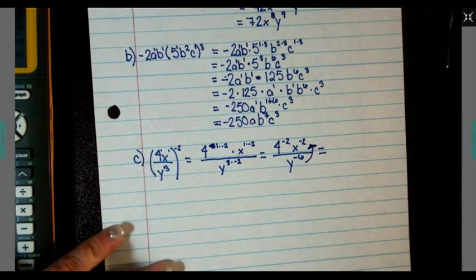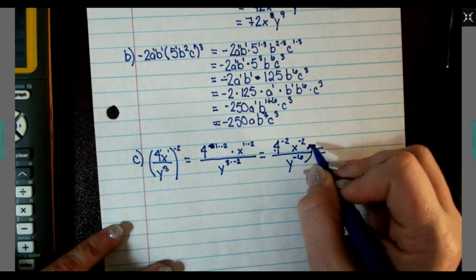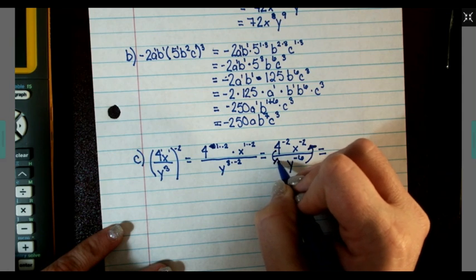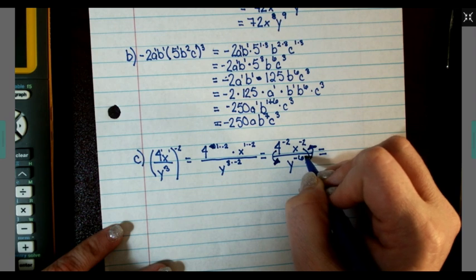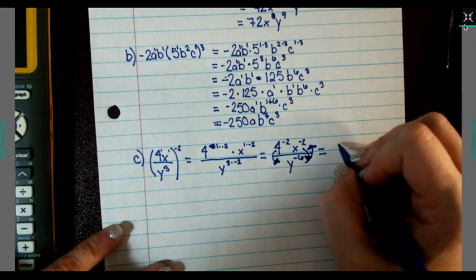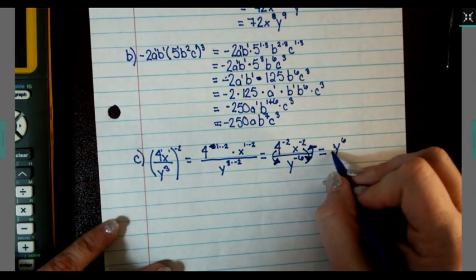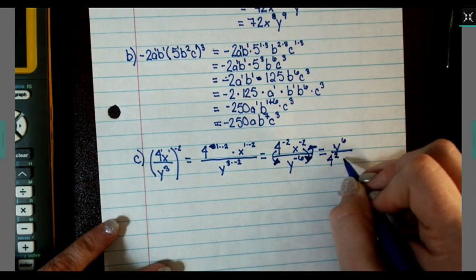But when it does, it changes the sign. So the y to the 6 power is going to go up, but the x to the negative 2 and the 4 to the negative 2 will come down. So y goes up and changes signs. 4 goes downstairs, changes signs, and so does x.